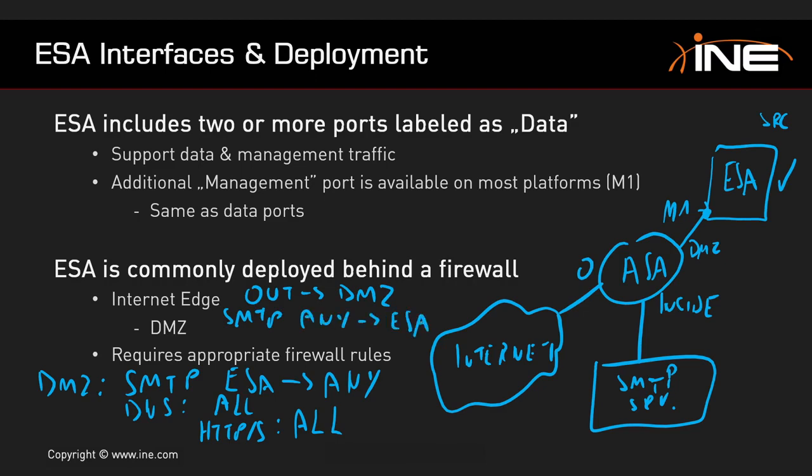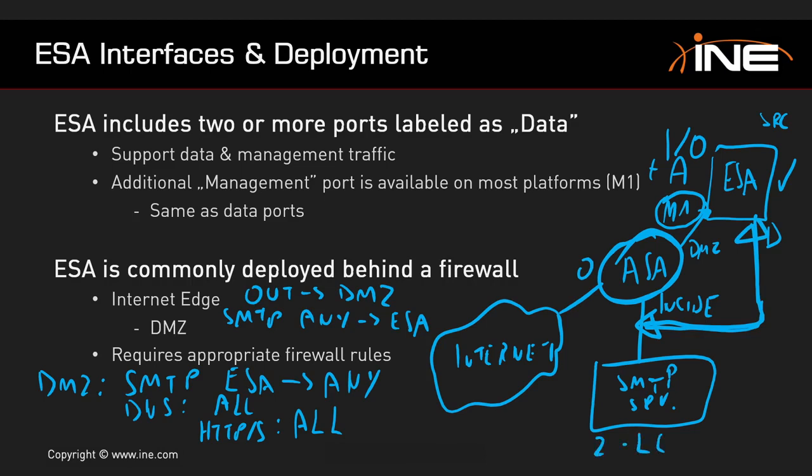So this would be a minimum config you would have to put on the firewall to accommodate a design like that. And this is needed no matter if you plan to use just one interface, like M1 in this case for all incoming, outgoing messages and administration. Or maybe when you plan to, let's say, deploy another interface like the data port and connect it directly to the inside network, so it can talk to the SMTP server bypassing the firewall, which is known as a two-leg design.